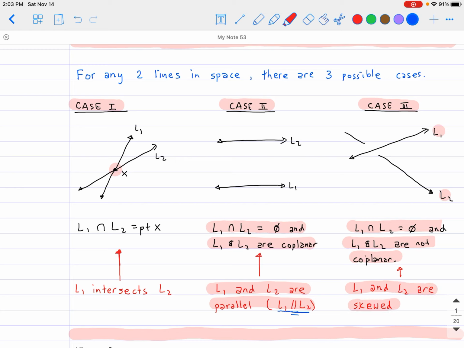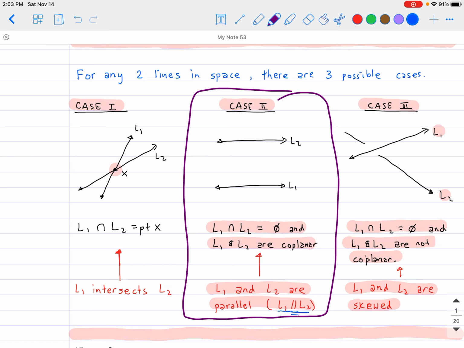So this is an example that, if two lines are not intersecting each other, it doesn't necessarily mean that they are parallel, because one case is that they could be parallel, the other case is that they're skew. It all depends on if they are coplanar or not. All right, so our focus is basically going to be on case number 2 right here, where two lines do not intersect and are coplanar. So this is the parallel thing that we're talking about.